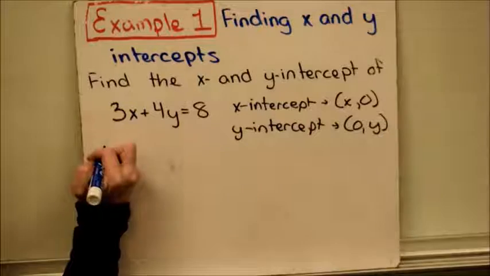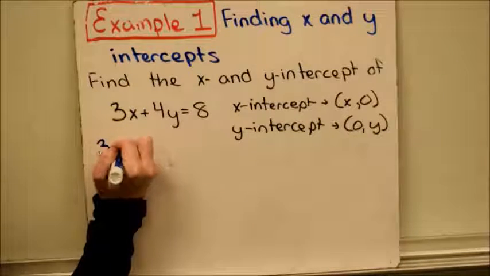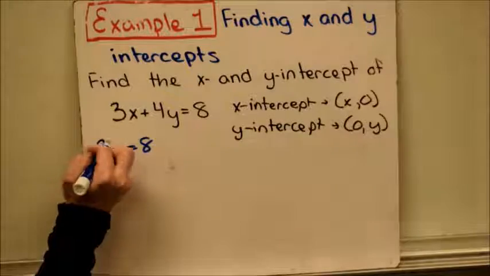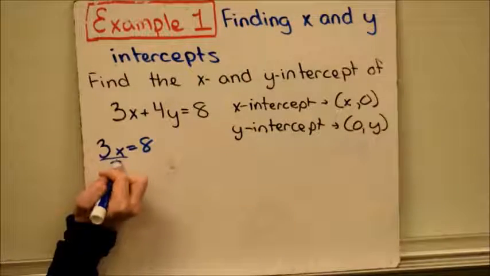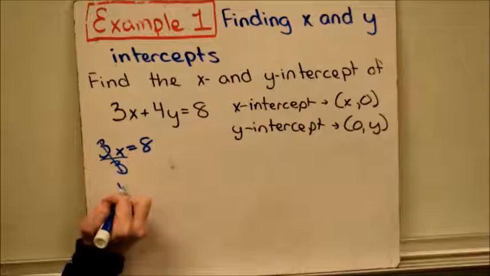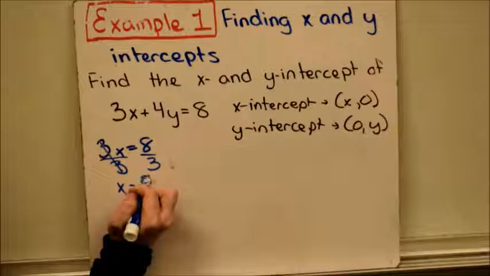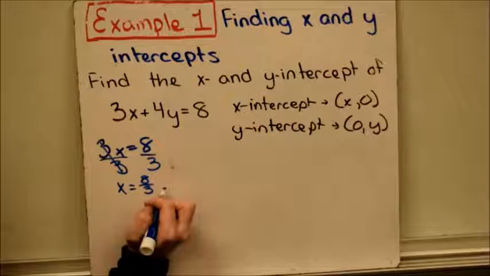So here we're going to rewrite the equation: 3x equals 8. If this is 3 times x, we're going to divide by 3 to cancel it out and get x by itself. X equals 8/3.